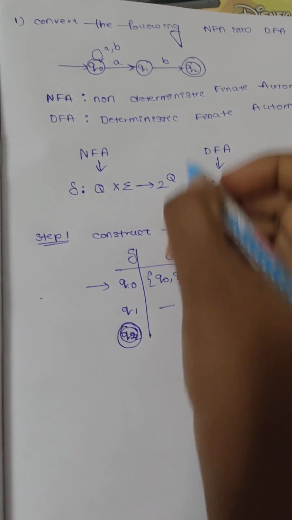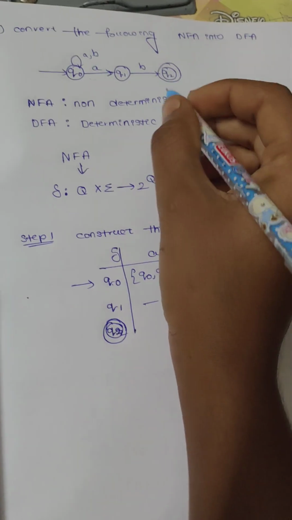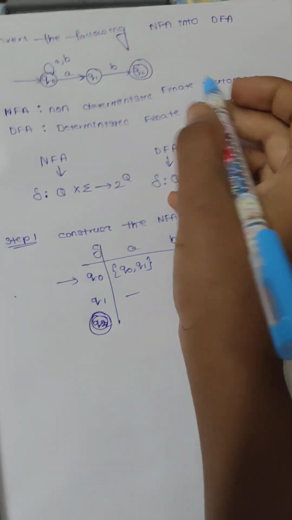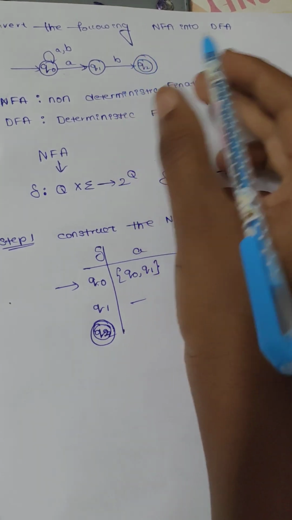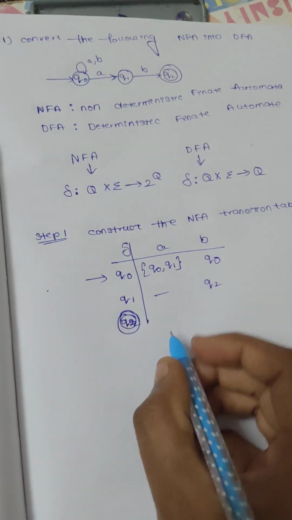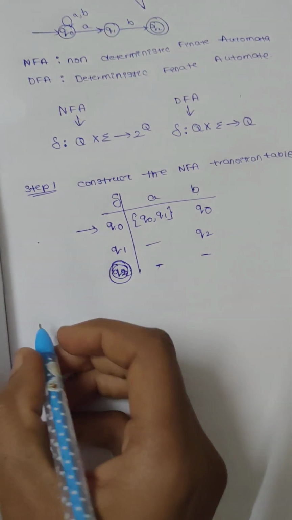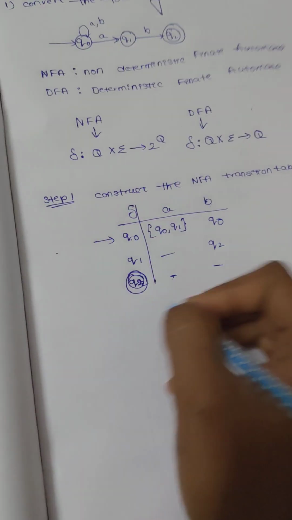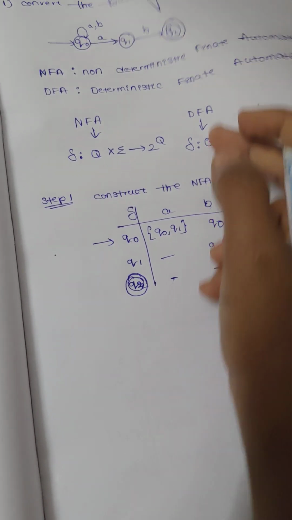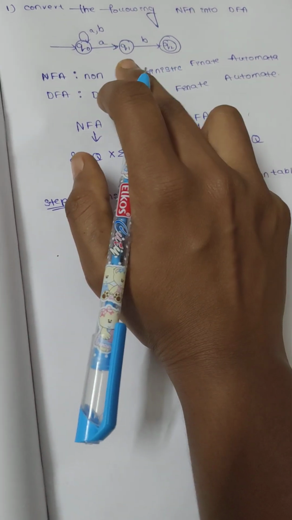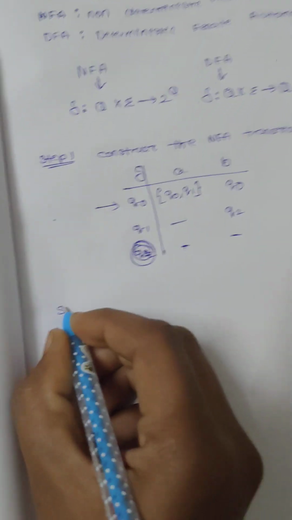Q2 on A goes to no value, and Q2 on B goes to no value, because the final state has no input symbols. So we write like this, and this is step 1, the transition table, based on which we construct the transition diagram of the NFA. And here, step 2.